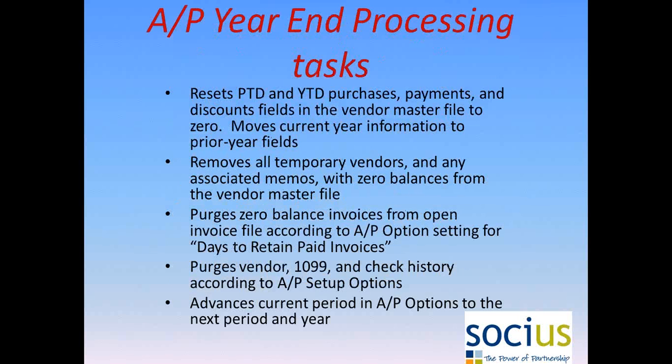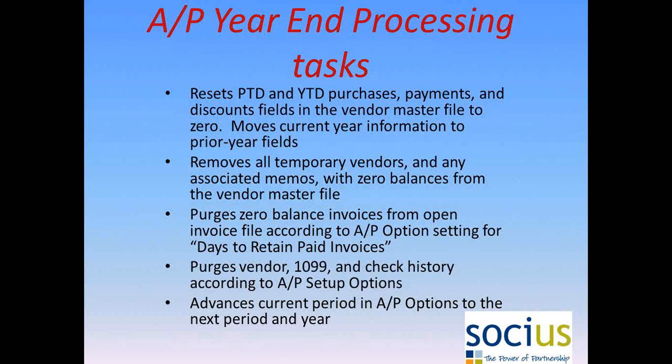The tasks, again, that are completed during the year-end processing: it resets the period-to-date, year-to-date purchases, payments, discounts in the vendor master file, and moves that current year info to prior year fields. It will remove all temporary vendors and any associated memos with zero balances. It will purge zero balance invoices from the open invoice file according to the option days to retain paid invoices.